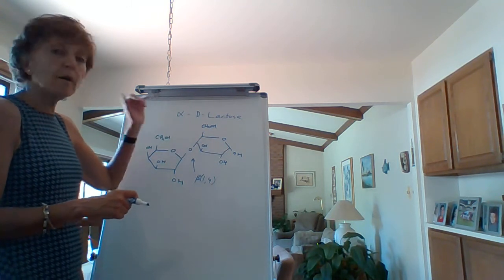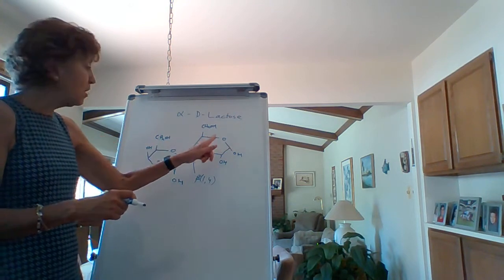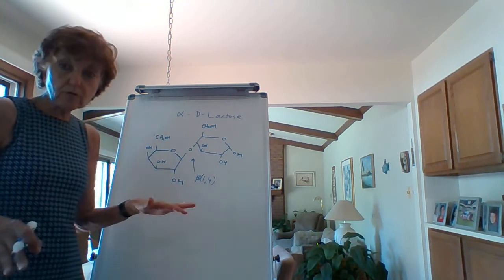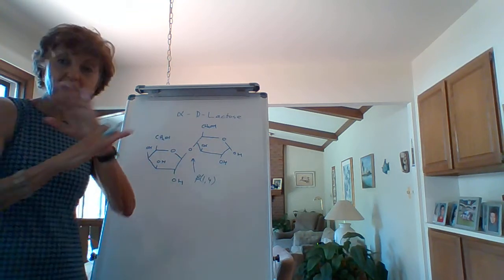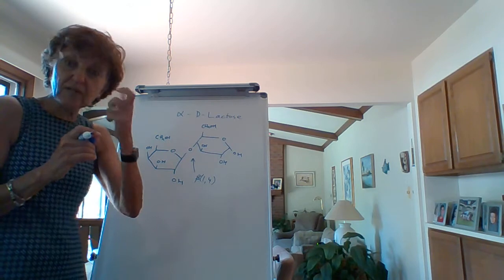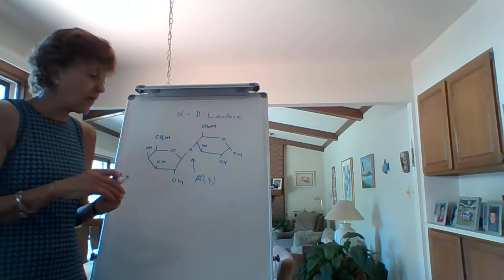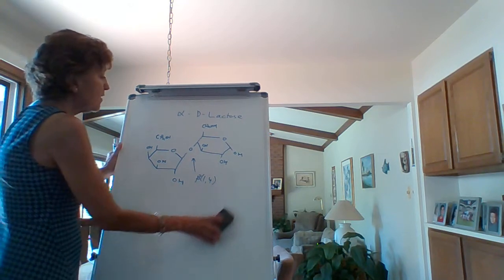If you want to draw a beta lactose, flip it, this OH is pointing up. Do you touch this? Absolutely not. Do you touch anything else? Absolutely not. The only thing you're allowed to flip up and down is this guy over here, carbon number 1 of the glucose.